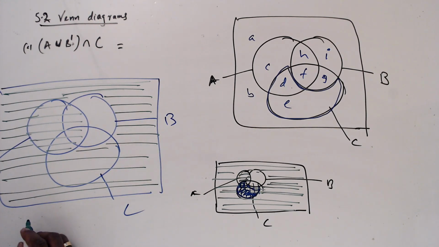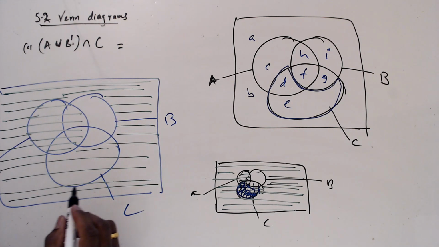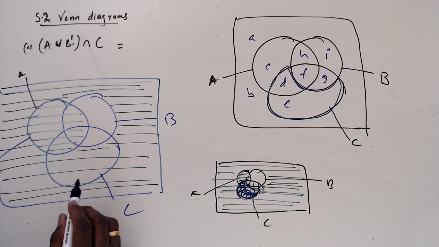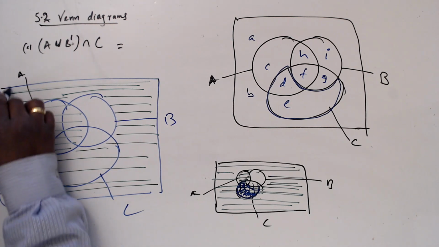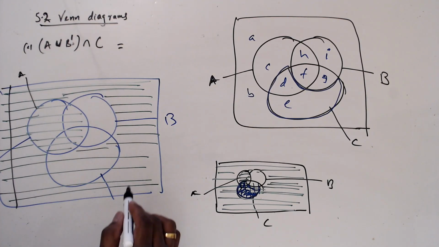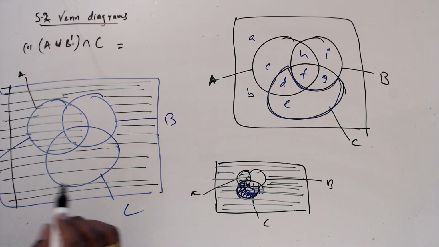And it's going to be an intersection now with C. So we'll take a different pattern because it is an intersection.